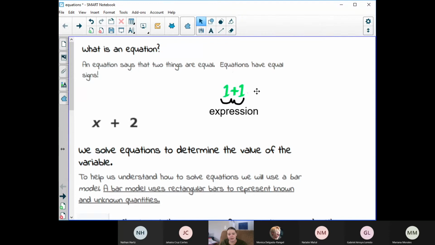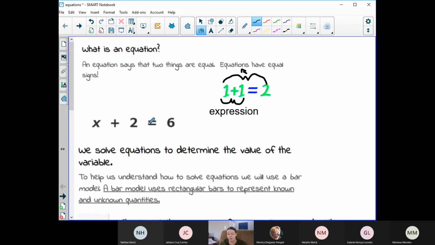But if I were to put in an equal sign, this is now an equation. So 1 plus 1 equals 2 is an equation. X plus 2 is an expression. X plus 2 equals 6 is an equation.